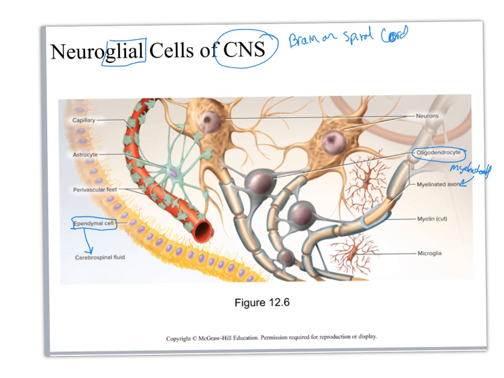I particularly like this slide because you see the neuron here and you see the neuron here. And then you can see the relationship that the astrocyte has between the neuron and the blood capillary, helping to regulate the environment, clean up neurotransmitters, and so forth.